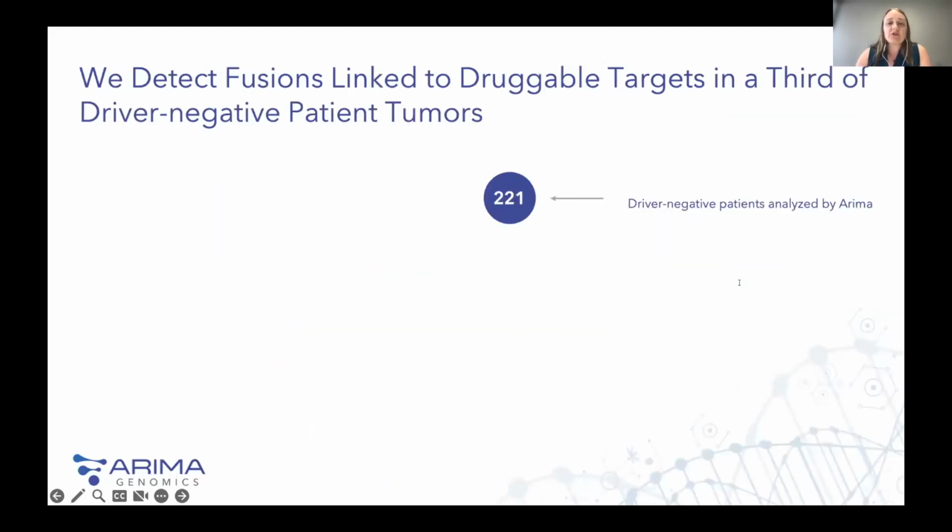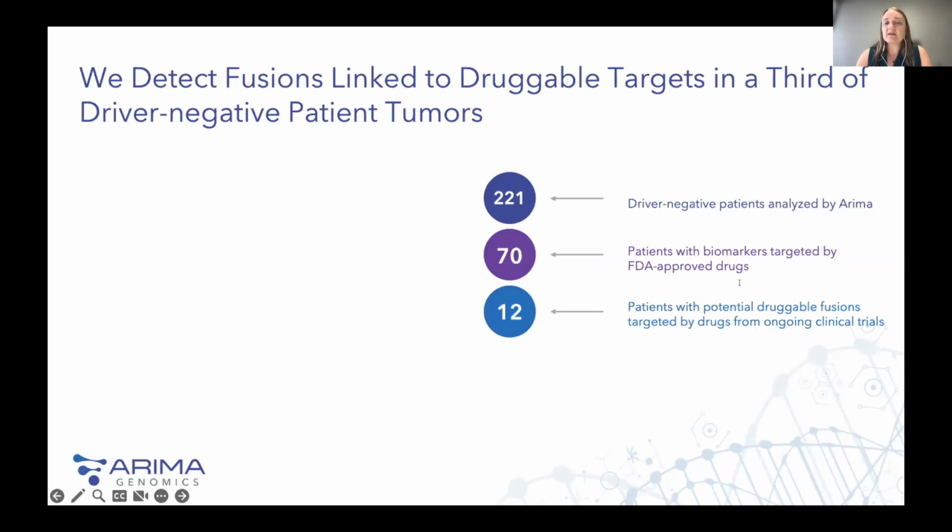We've analyzed over 200 cases to date that were previously characterized with DNA and RNA sequencing and didn't have an identified drug target. In 70 of those cases, we have found with the Hi-C technology a fusion event associated with a gene that is a target for an FDA-approved therapy already available today.